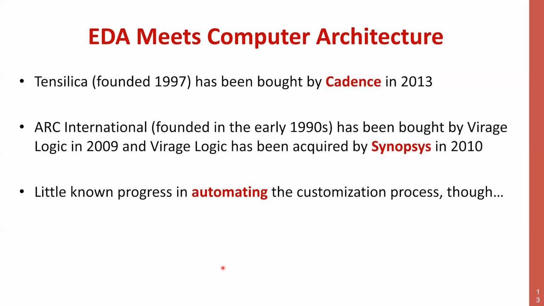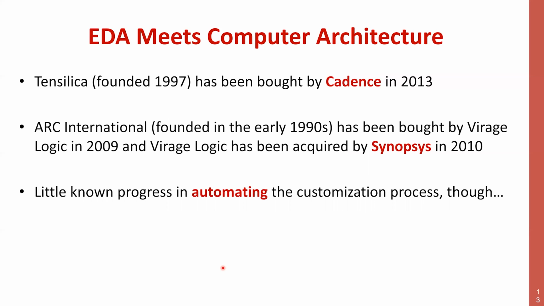So in that spirit, actually, I was hoping that something would happen, because Tensilica actually went sort of down, but was bought for a reasonable amount of cash by Cadence. And then actually before, in an indirect way, ARC was acquired by a company in EDA called Virage Logic, but then Virage Logic was bought by Synopsys.